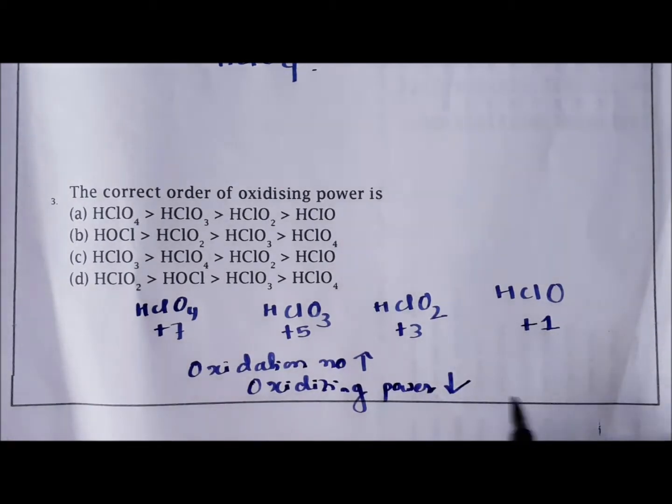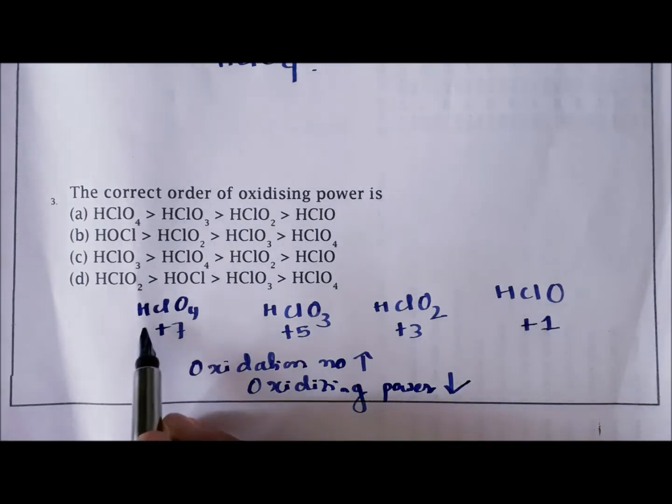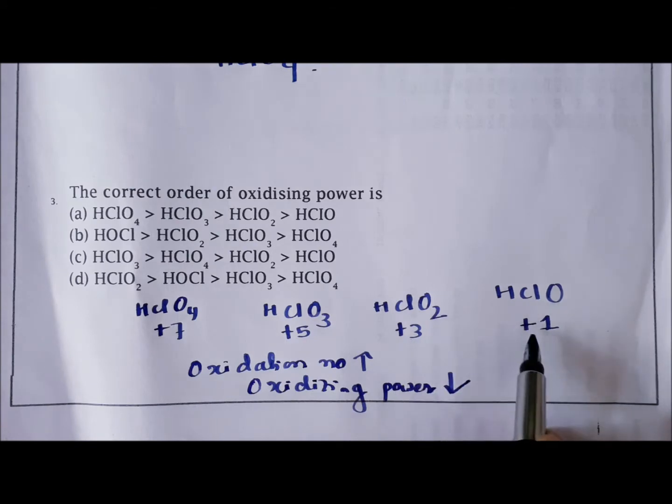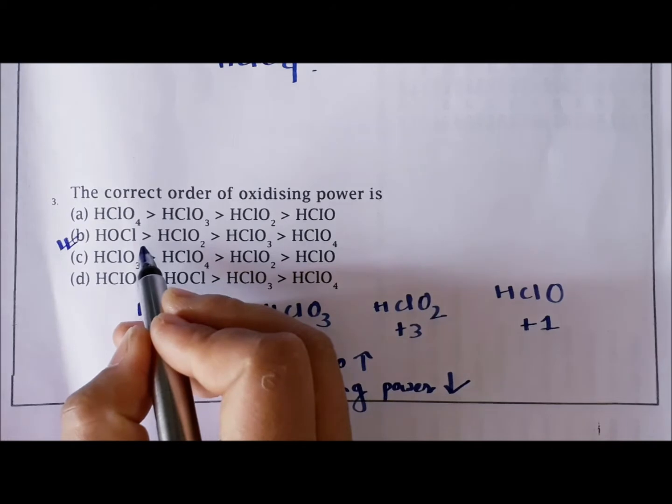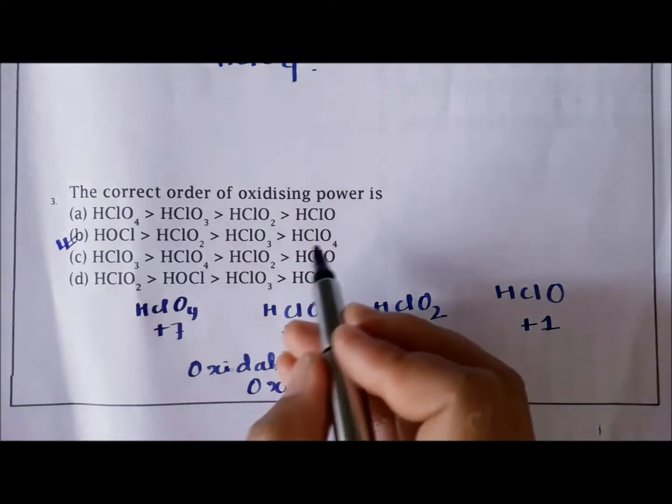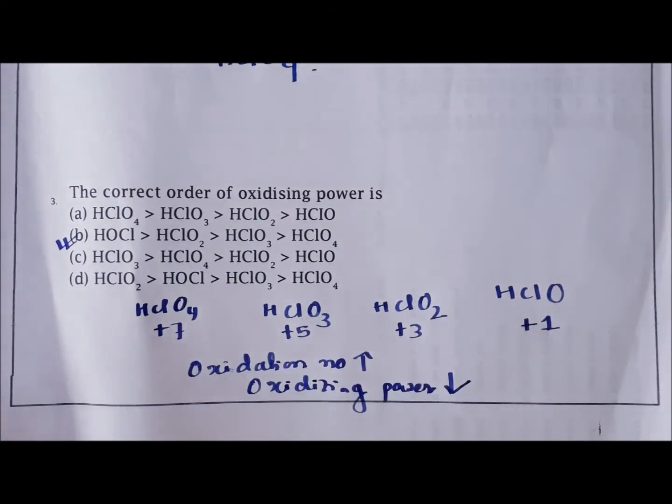That means the one with low oxidation number will be more oxidizing in nature compared to the one with the highest oxidation number. So this one is having the highest, so it will have the least oxidizing power, then this one, this one, this one. So HClO will have the highest oxidizing power. Which option is correct? Option B, where HClO has the highest oxidizing power and HClO4 has the least.